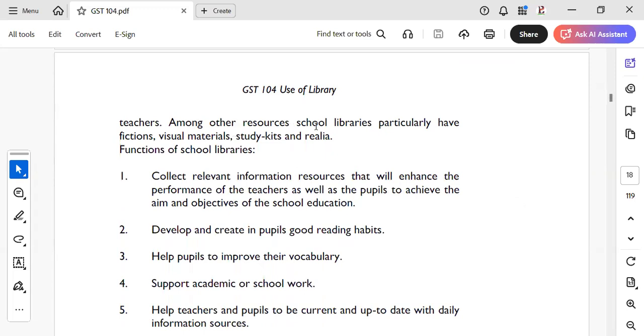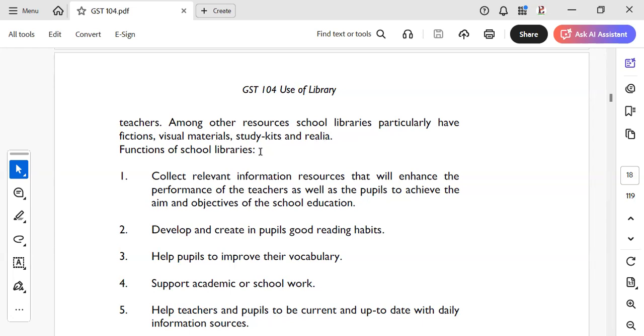Among other resources, school libraries particularly have fiction, visual materials, study kits, and real life. Before we go to functions, what I'm just trying to tell you is that when you go to academic libraries, you will see some very concentrated materials.